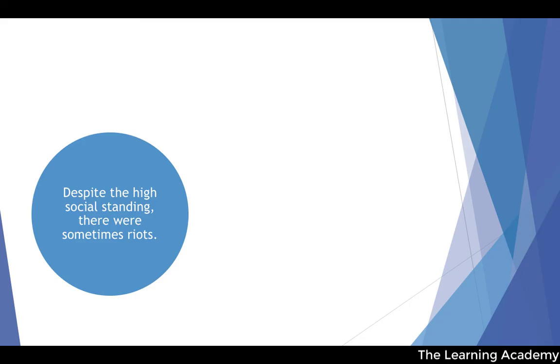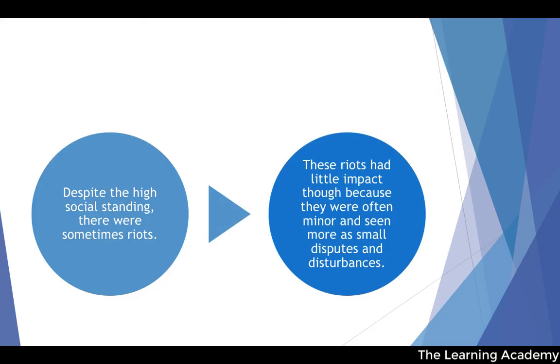There were sometimes riots, it must be said. So despite the high social standing, there were sometimes riots. However, these riots had very little impact and were seen as minor and small disputes rather than large-scale revolts.